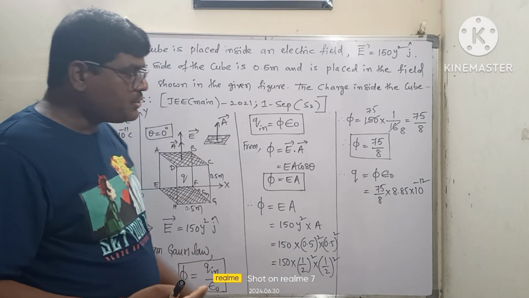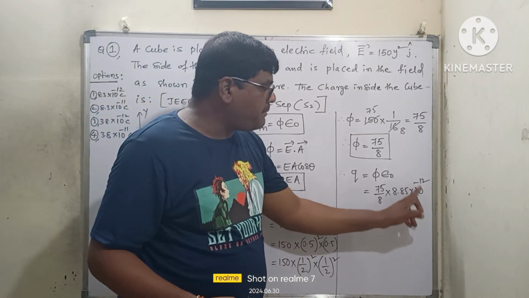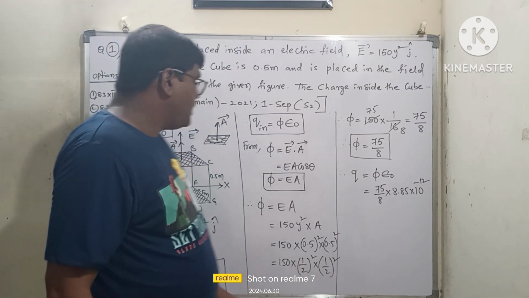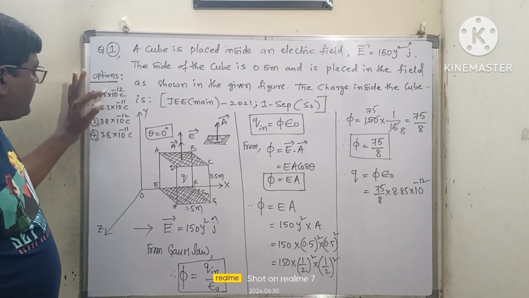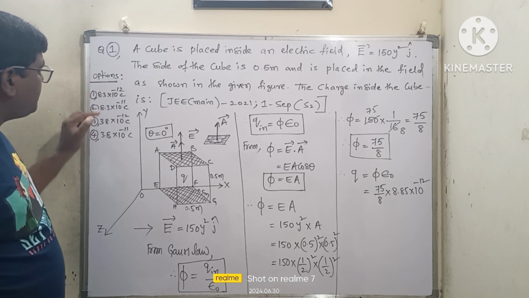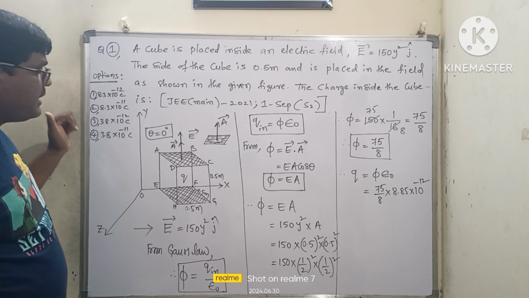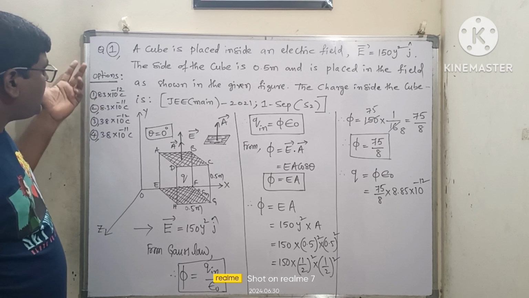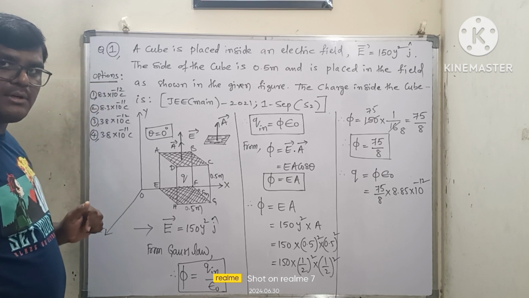So 80 into 10 to the power of minus 12. There is no 80 in the options, so 8.3 into 10 to the power of minus 11 it is.